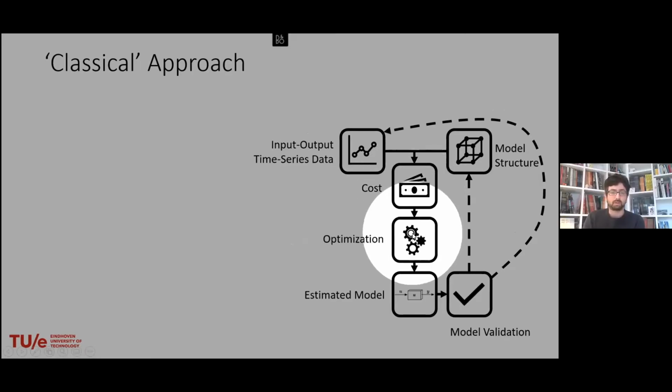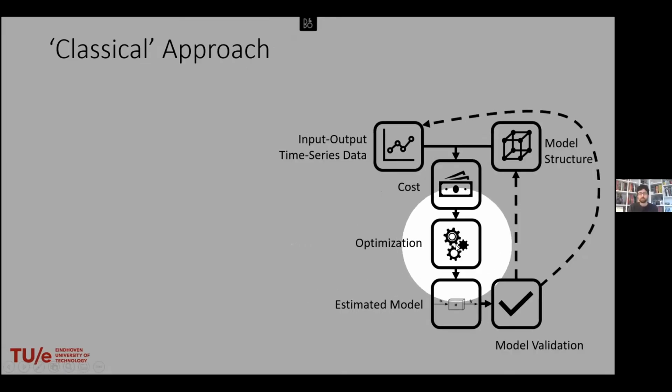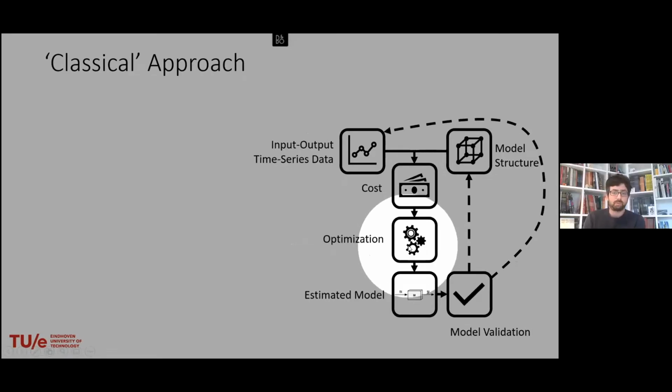And we optimize that cost function. Basically, we minimize the cost function by optimizing the parameter values. Once we have optimized it, we get an estimated model by combining the optimized parameter values with the model structure. We validate that model. If we're happy, we can finish and test the model. If we're not happy, then we can go back, change the model structure, or change the input-output time series data.